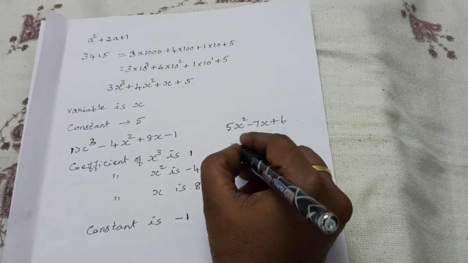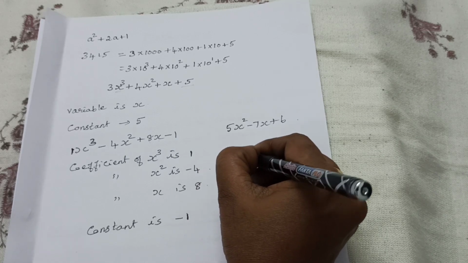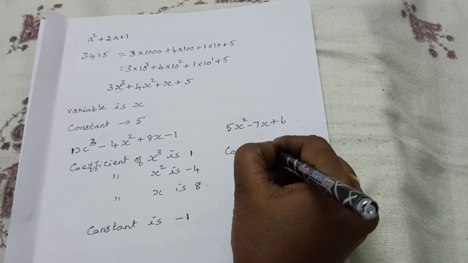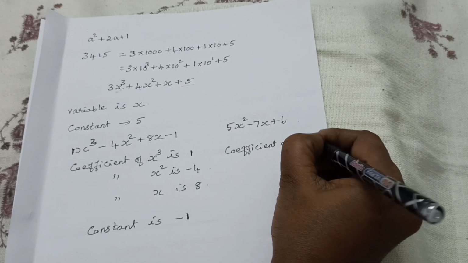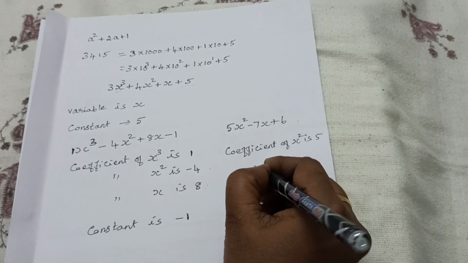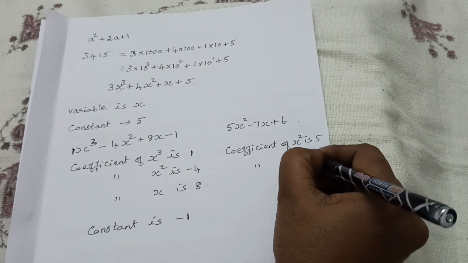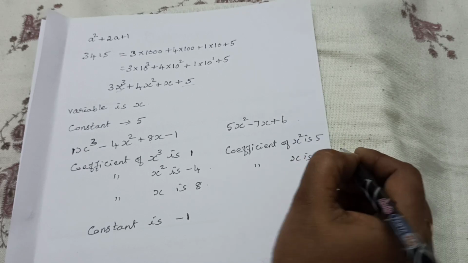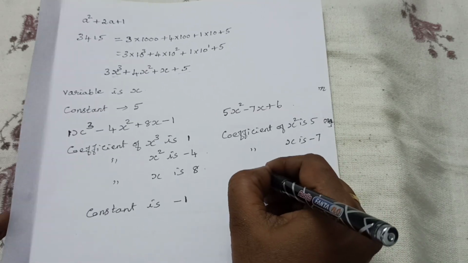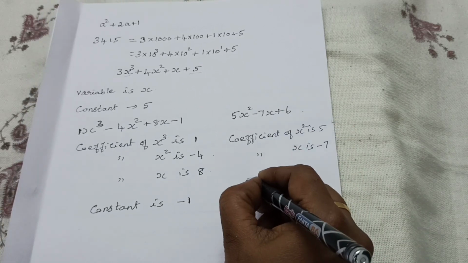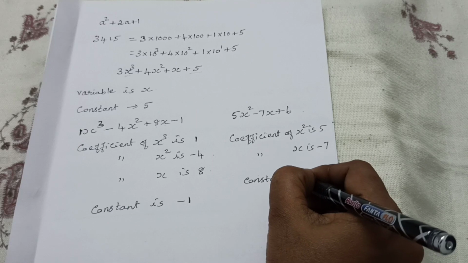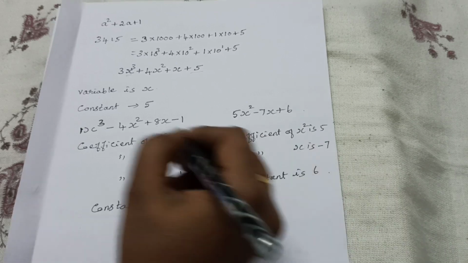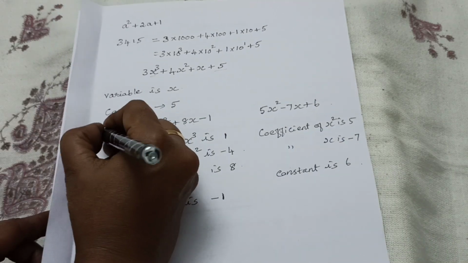Coefficient of x square is 5, coefficient of x is minus 7, and the constant is 6. Have you understood?